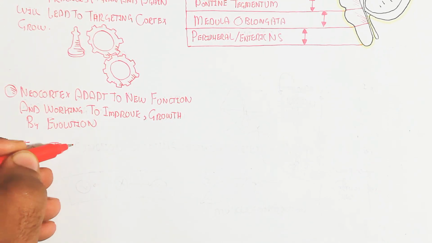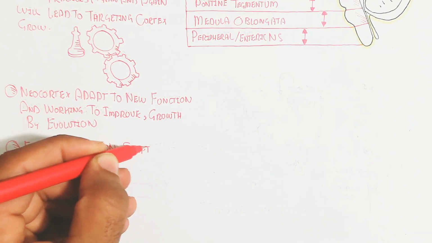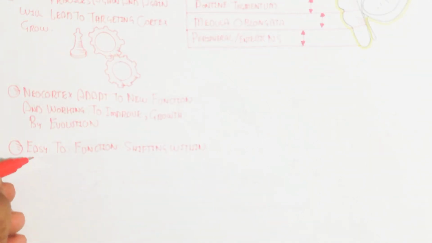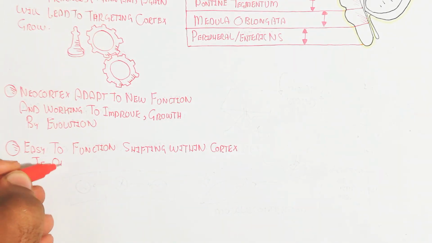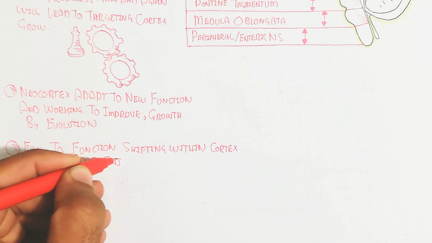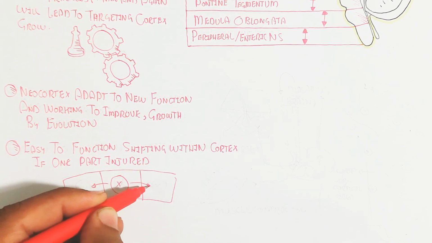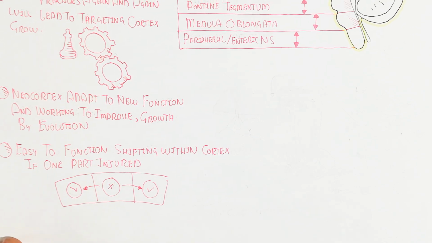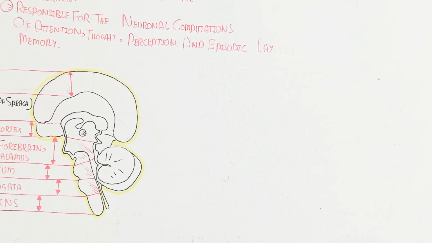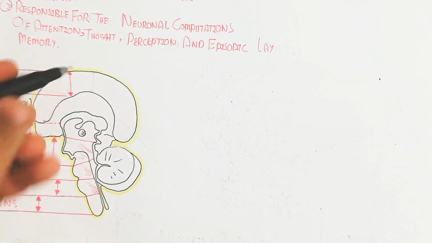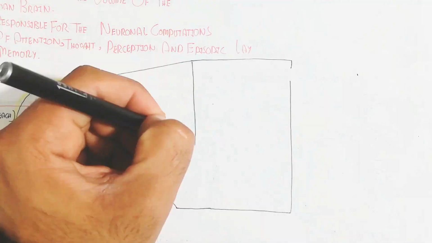In this way, function can easily shift within the cortex if one part is injured. If one part is injured, its responsibility will be taken over by another part.